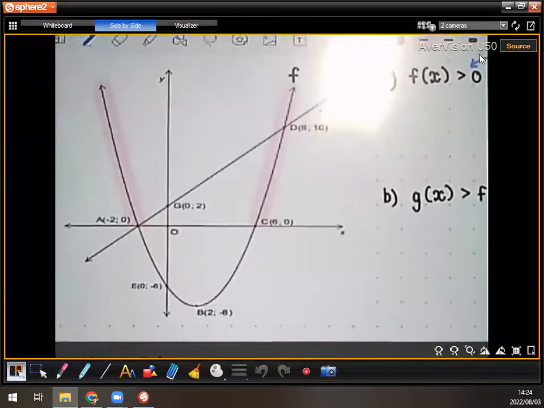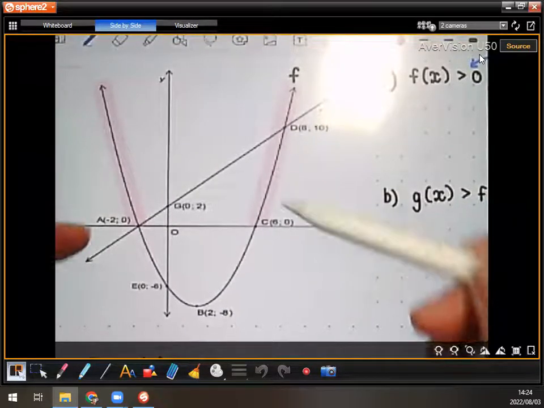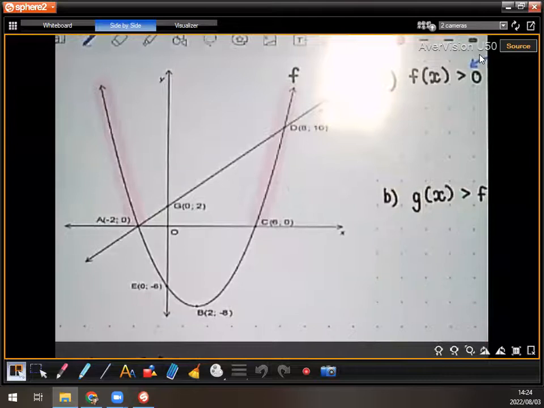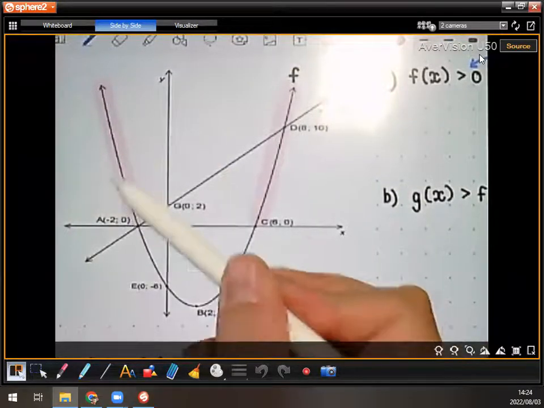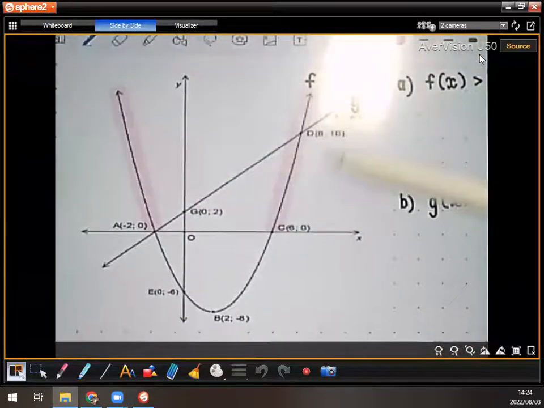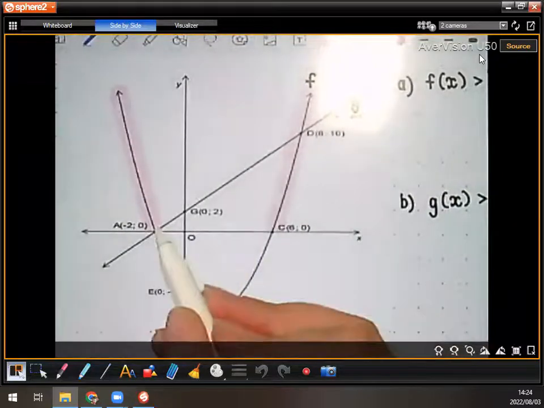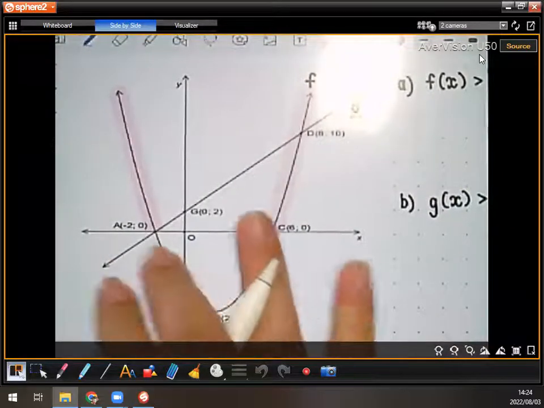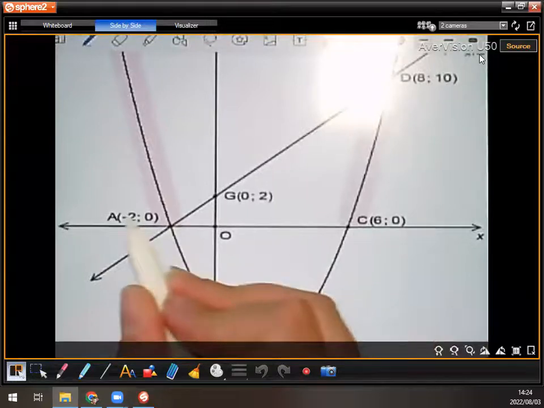Now the tricky part comes in where we have to write our answer. Okay, because what we've highlighted here, unfortunately, they're not going to mark. We need to now write in mathematical terms which x values will be on this pink part and which x value will be on that pink part. Now, what do we think, guys? What is the x value of this point here? You see that it's -2. Okay.